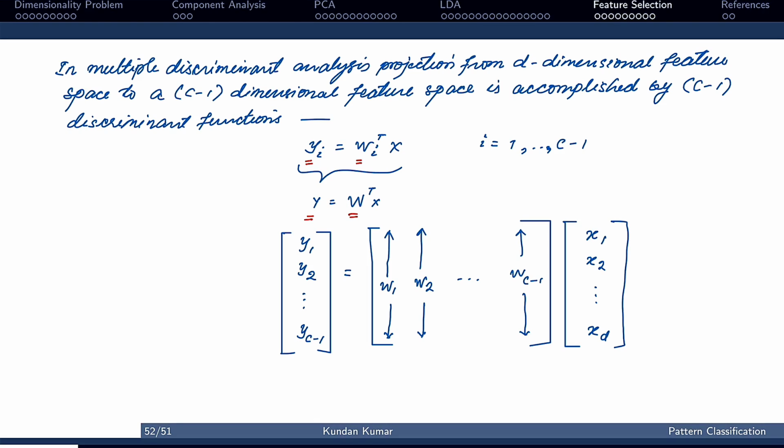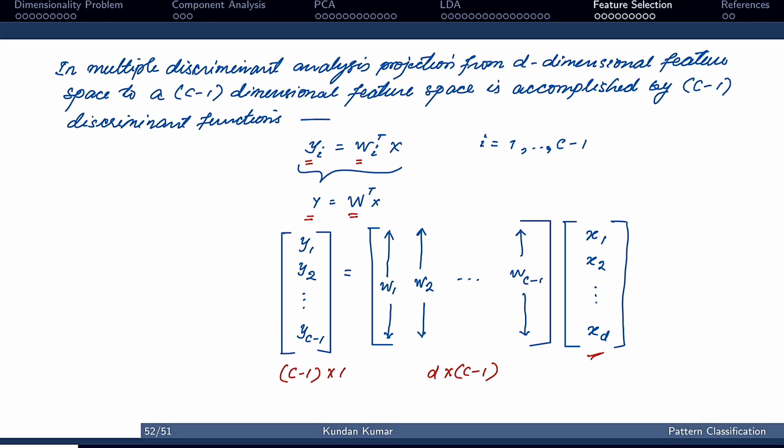This y vector has the dimension c minus 1 by 1 and this matrix W has the dimension D cross c minus 1, where D is the dimensionality of the feature vector, and this is x. So here x1, x2 and xd are the D components of the feature vector x.